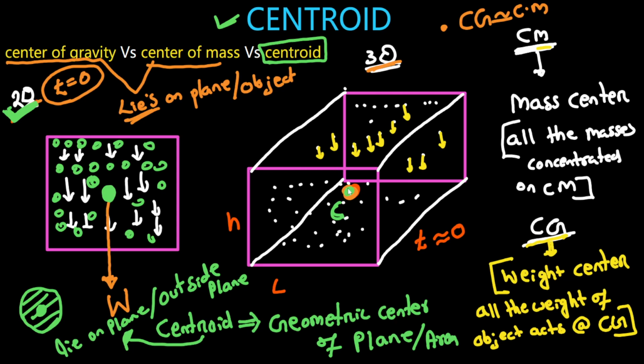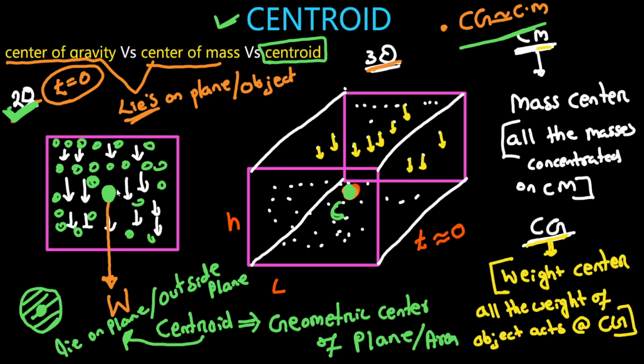Now you got center of mass is same as center of gravity. Here I'm writing, okay, center of gravity is nearly same as center of mass because it is coinciding at a single point. Here this is nothing but the center of gravity, or we can say the centroid. That is, centroid means area center.